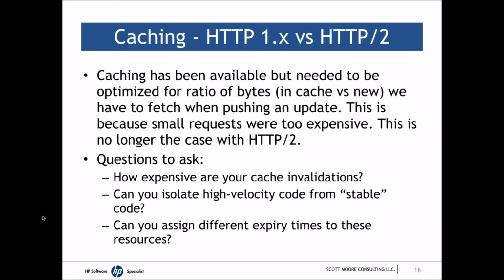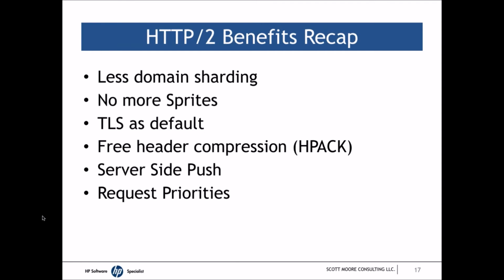Now that requests aren't expensive anymore, you have to look at your cache plan again and say, okay, how expensive is it going to be if I invalidate sooner, or do I still need these long times, or are there specific pieces of my code or areas of my site which are more stable or change more, and those are where I'm going to want to alter those cache values. Everything you do is going to be based on that. I've got a single fast connection, and I can do all these requests and responses without the big cost.